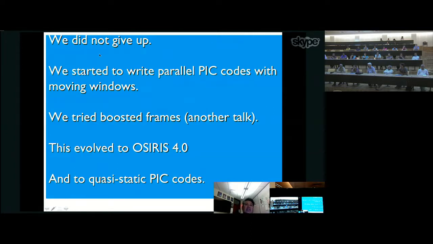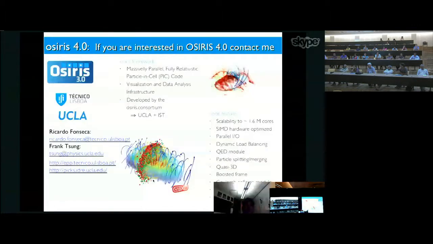All of this effort, starting in the early 1990s, evolved to what is called OSIRIS 4.0, which is our major PIC code, and to quasi-static PIC codes, which I will come to. Okay.